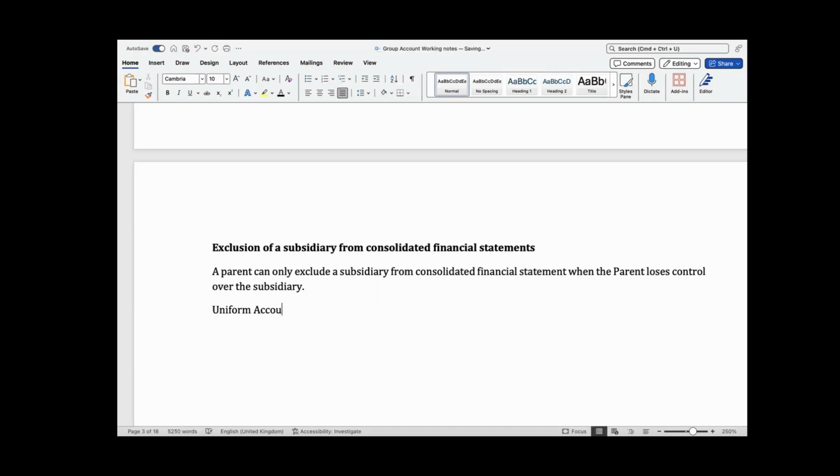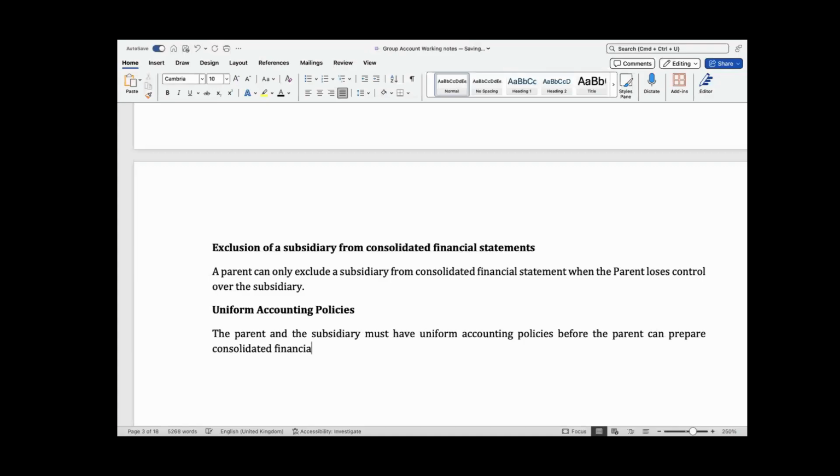Another one is uniform accounting policies. The subsidiary and the parent must have uniform accounting policies before you can consolidate. The parent and the subsidiary must have uniform accounting policies before the parent can prepare consolidated financials.